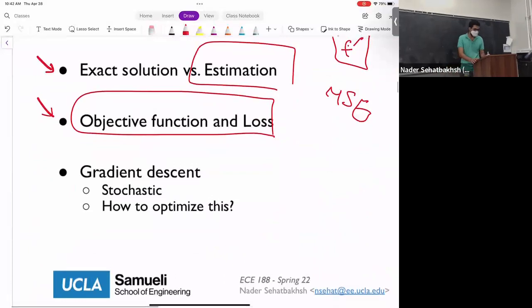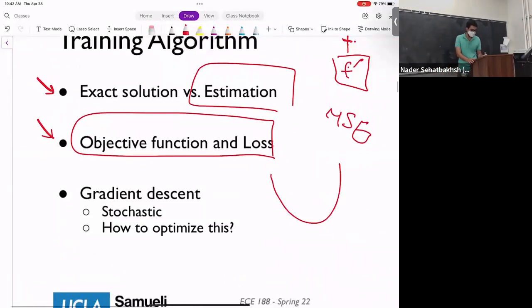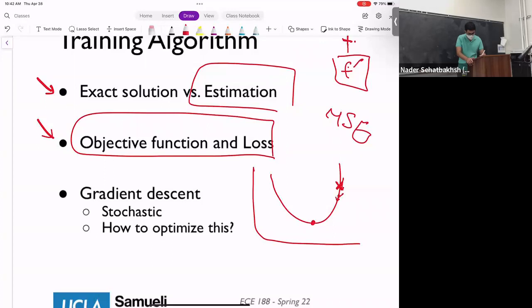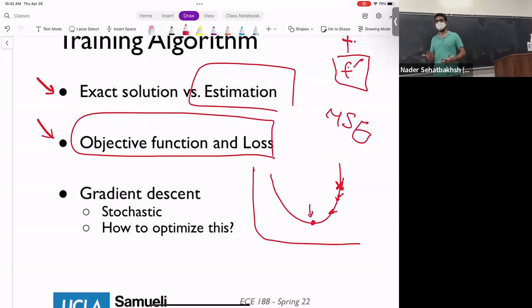The idea is that if you want to find the minimum or maximum points in your system, you can start randomly from somewhere, let's say from here, and then calculate the gradient of changes in order to get closer and closer to where the gradient is basically equal to 0. And that point would be where your minimum is, right?